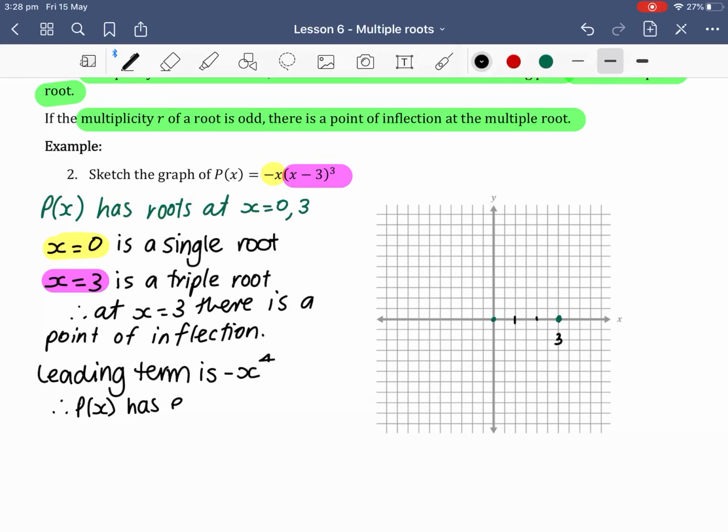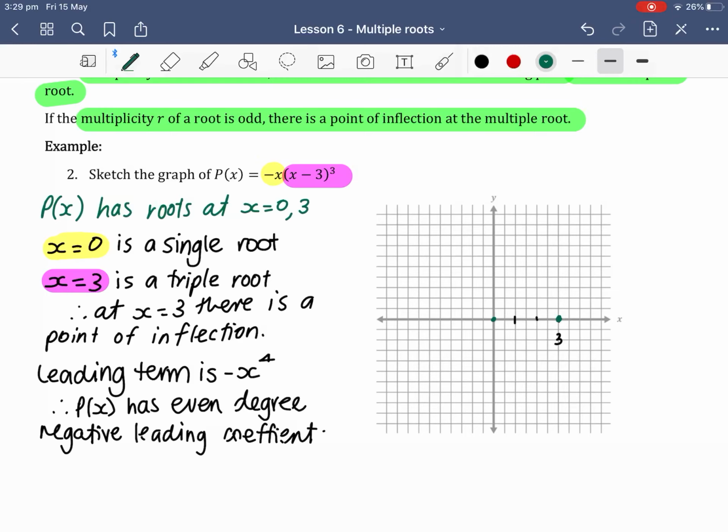That means that our graph wants to have either both endpoints facing up or both endpoints facing down. It has even degree but a negative leading coefficient, so we want both our endpoints facing down. That means we're going to start down here.